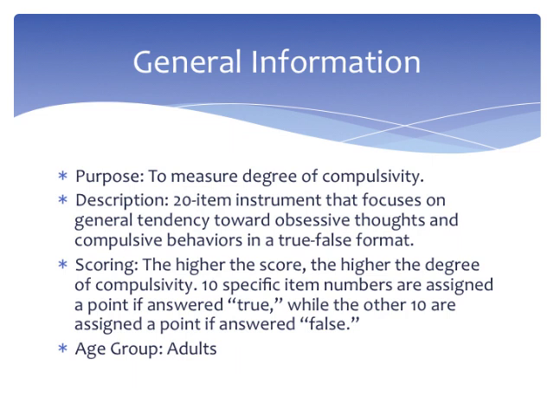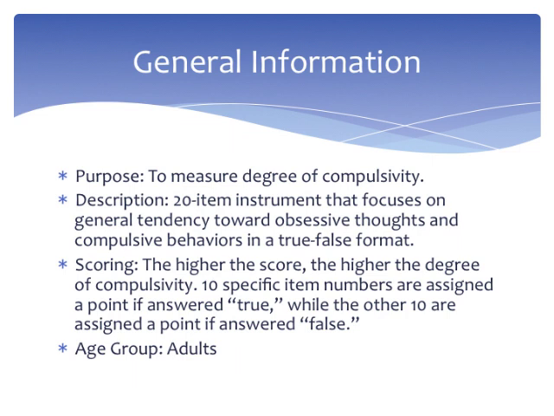This is a 20-item instrument that focuses on general tendency toward obsessive thoughts and compulsive behaviors in a true or false format. Concerning the scoring, the higher the score, the higher the degree of compulsivity.